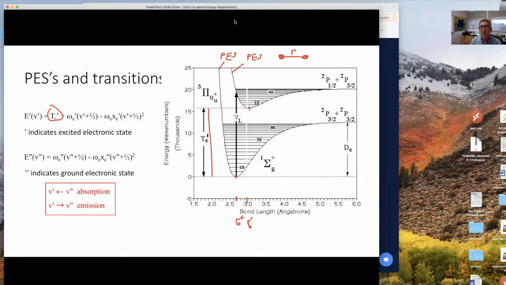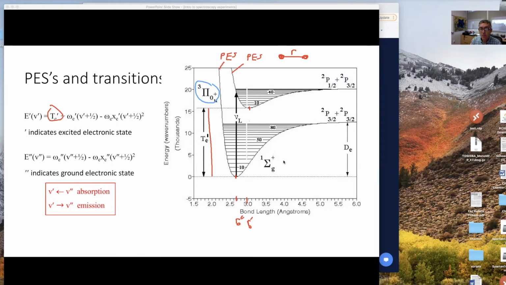First of all, these symbols here. This symbol is called a term symbol. Later in the lecture course, we'll talk about what all the components of this term symbol are, what they mean. But you have seen them before in the potential energy surface of a diatomic lab when you consulted the NIST website and you saw all these different electronic states.